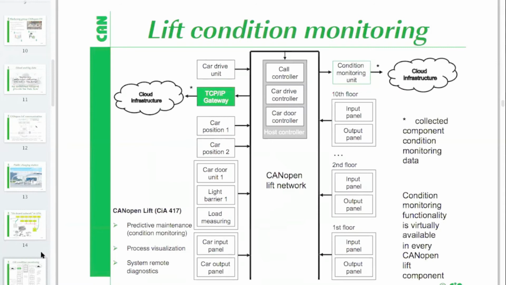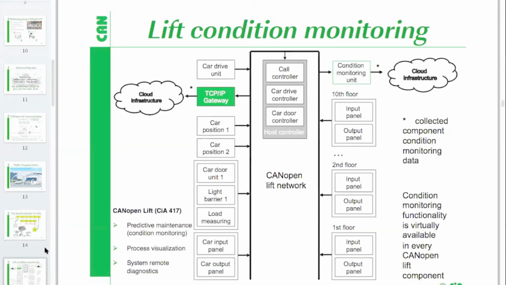Another example where we meet requirements of Industry 4.0 is lift condition monitoring. We have an application profile. We have several members of ours, about 40 plus, who develop lift components, and they require, of course, monitoring of the whole lift equipment and the whole lift elevator application.